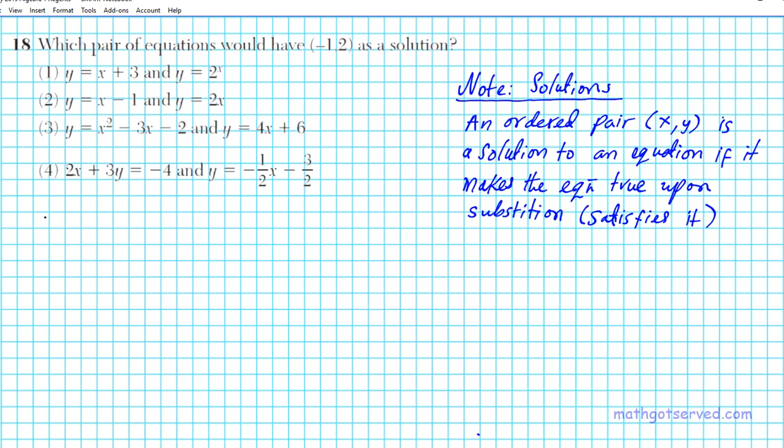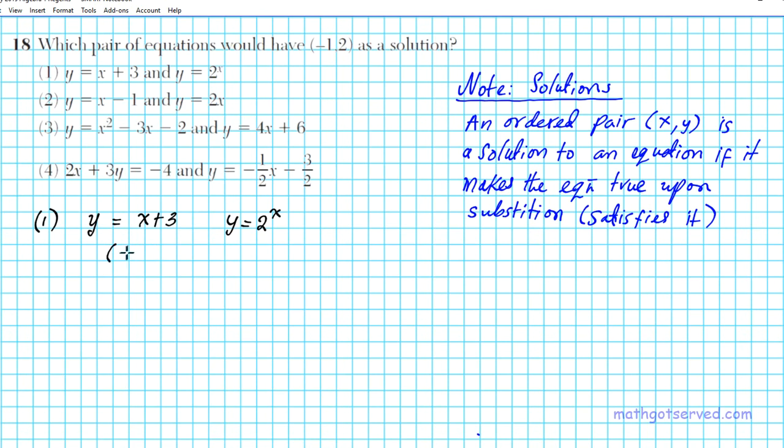Option 1, we have two functions to be satisfied here: y equals x plus 3 and y equals 2 to the x. We're going to plug in the ordered pair negative 1, 2 and see if we end up with a true statement.